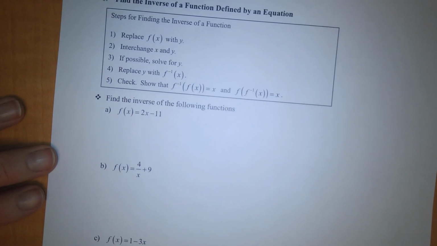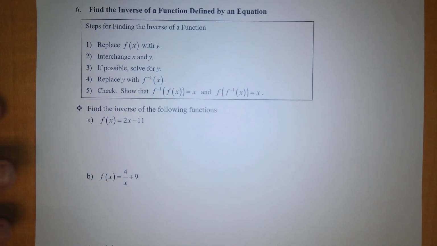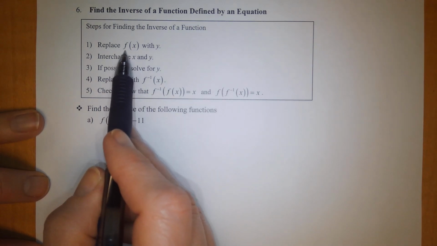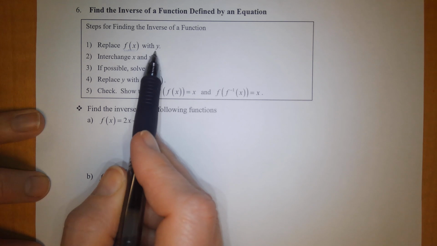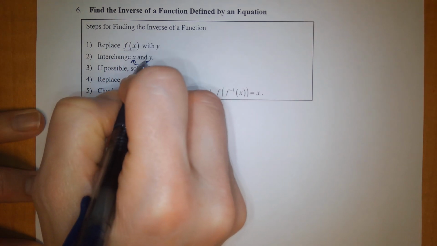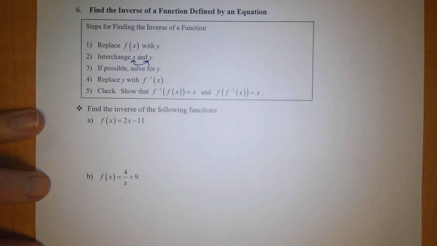On to the last page to summarize the inverses. If you wanted to actually find the inverse algebraically of an equation, the first thing you do is replace the name of the function with y. Then exchange any x's for y. They will swap places.